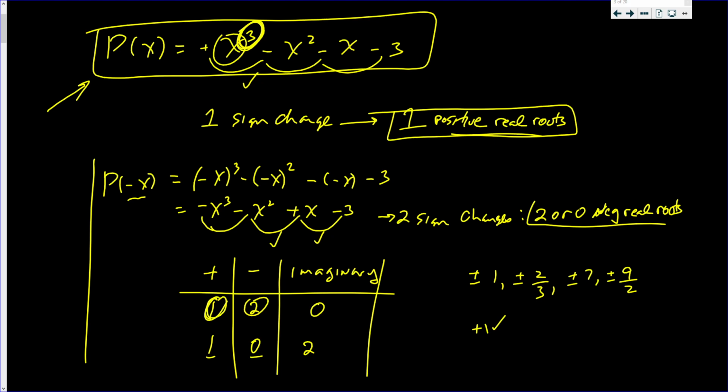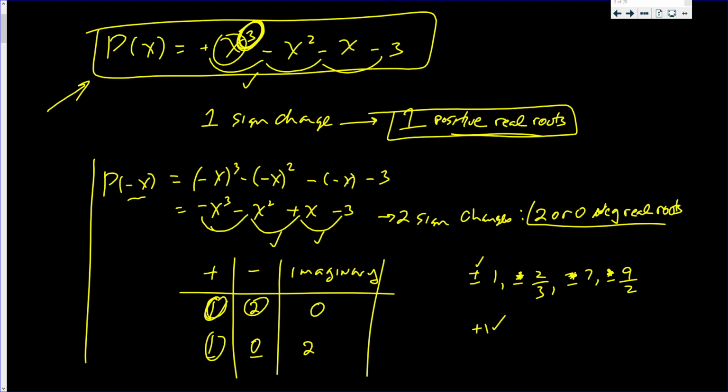Well, what that tells you is that 2/3 won't work, because if it worked, then there would be 2 positive real roots. But we know there's only 1. So you don't have to bother trying these.